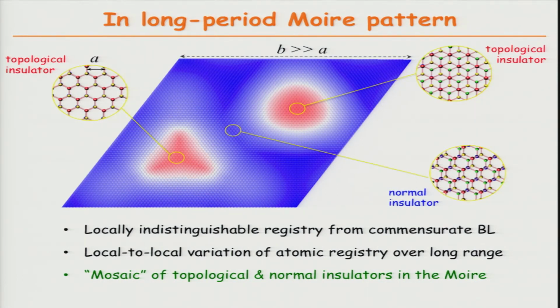So the topological phase diagram for the lattice matched bilayer can now be mapped into a real space phase separation pattern in the Moiré pattern. So you get topological insulator regions surrounded by normal insulator regions, where the helical edge modes flow on the boundary within the hybridization gap.